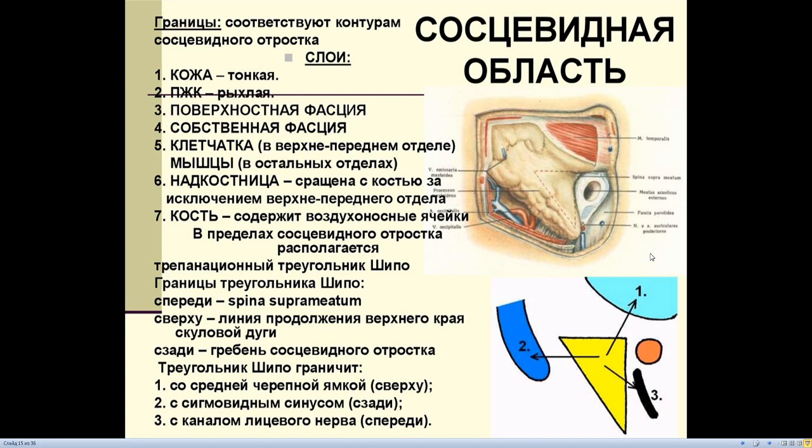Repeat once more. Superiorly is a horizontal line which is the continuation of the zygomatic arc. Anteriorly is a line which passes posterior to the external acoustic meatus to the apex of the mastoid process, and posteriorly is the crest of the mastoid process in the region of the Shipo triangle.